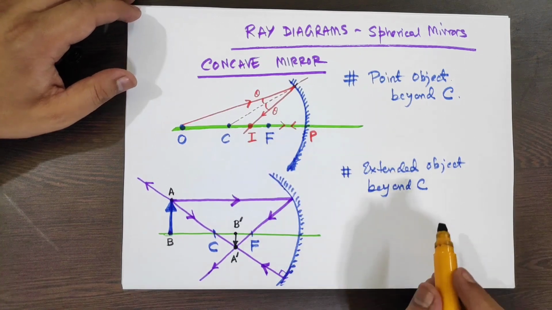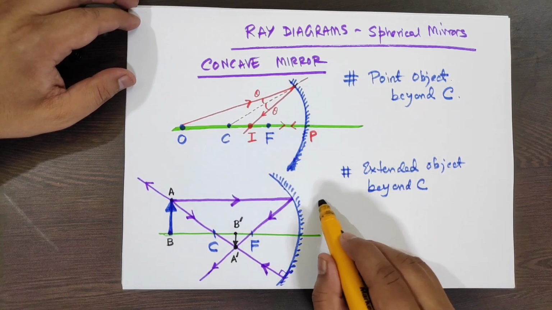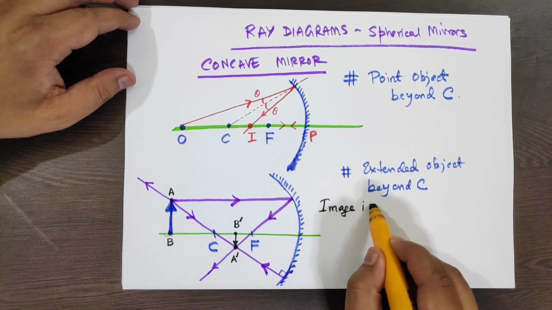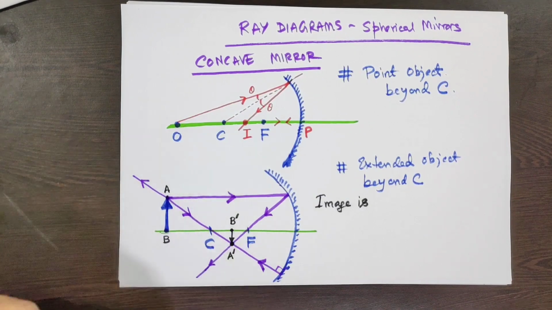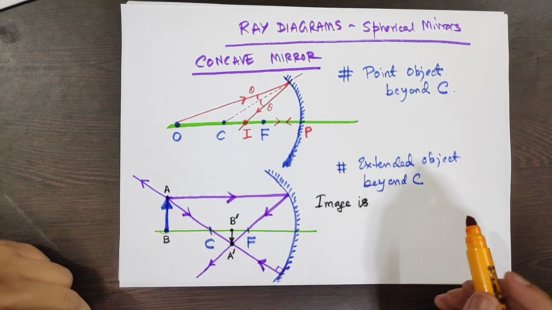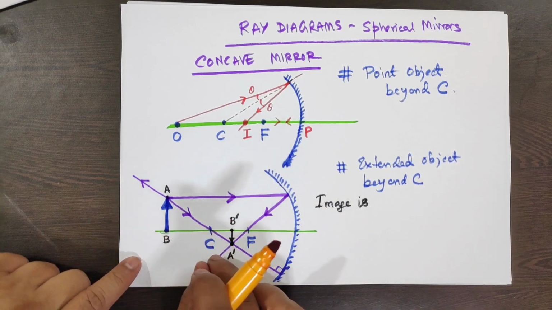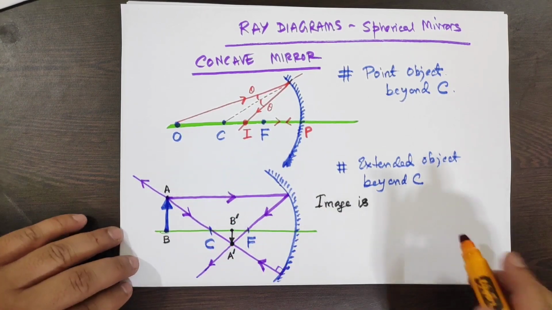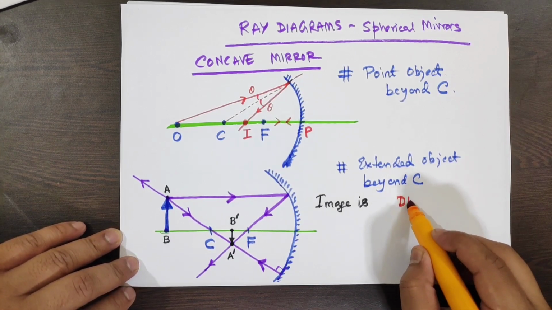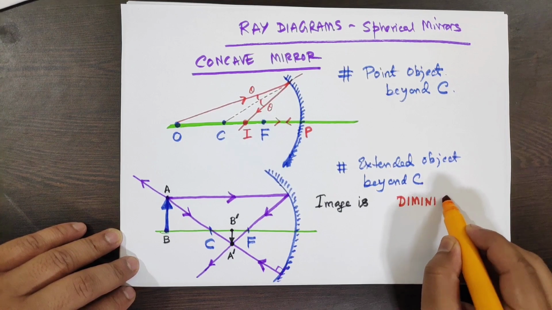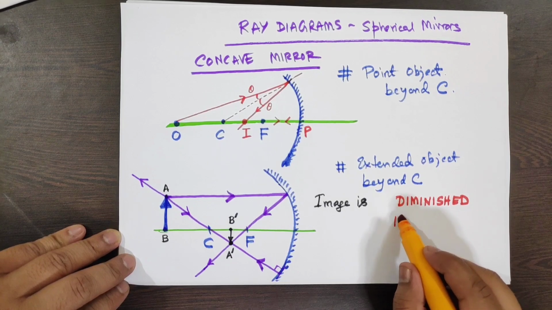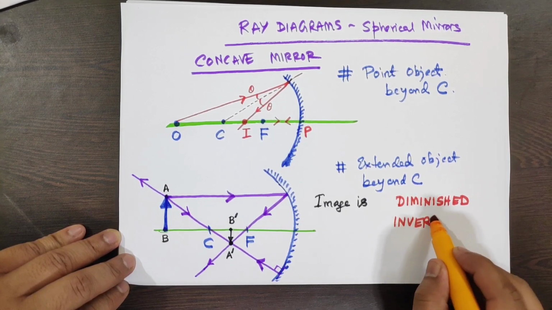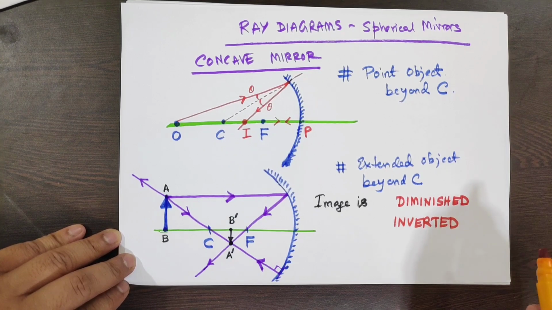Okay, what is the nature of this image? Now we will analyze the characteristics of the image. So the image is smaller, right? As you see, it is smaller than the object. So we write it is diminished, and what else? Inverted. And what about real and virtual?